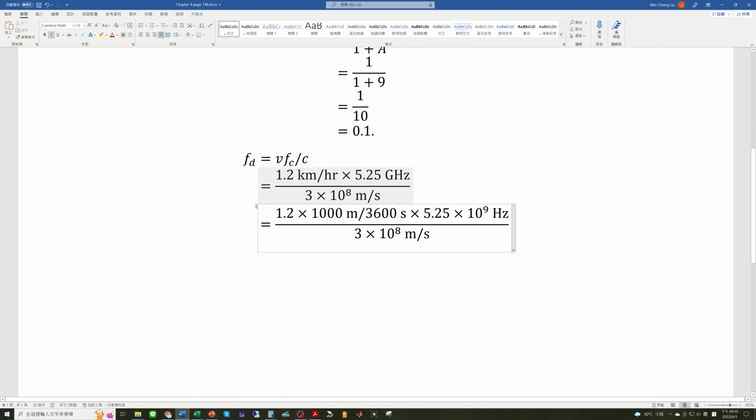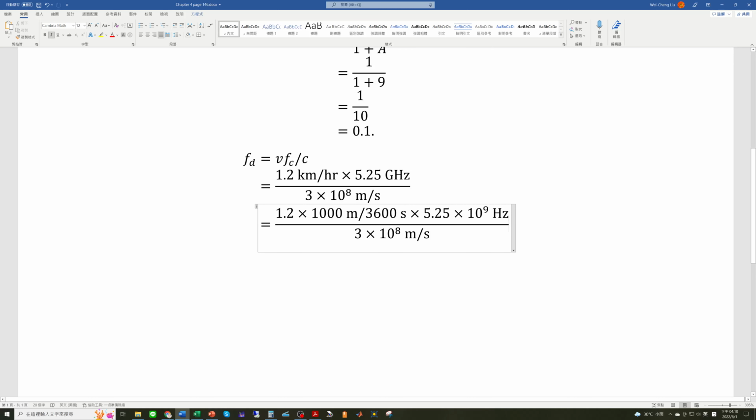So now V is equal to 1.2 kilometers per hour, Fc is equal to 5.25 gigahertz, and C is equal to 3 times 10 to the power of 8 meters per second.